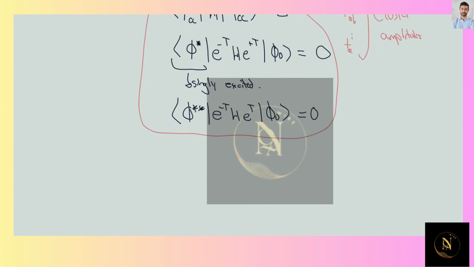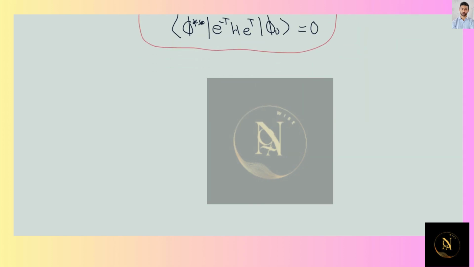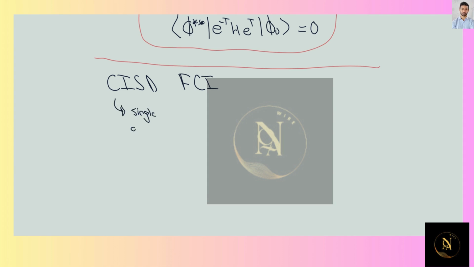And finally, the easiest of the methods, and in this case, what we can do is extend to CISD and full CI. CI singles and doubles is going to include only single and double excitations.